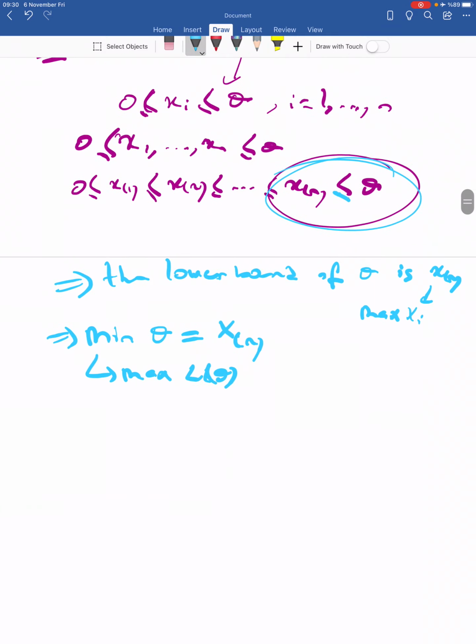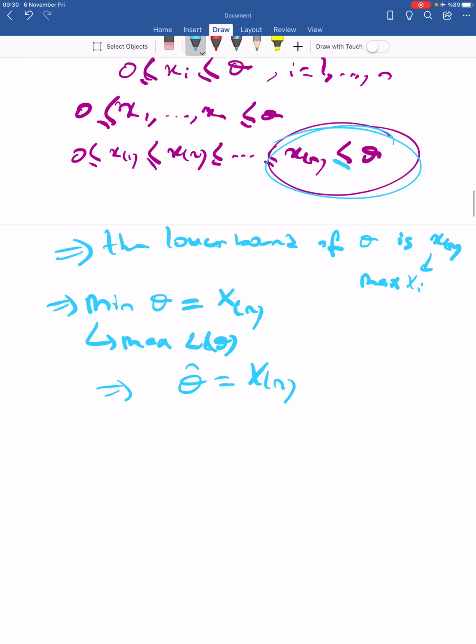This should be the estimator because it maximizes the likelihood function. So theta hat should be the maximum order statistic. The minimum possible value of theta maximizes the likelihood function.